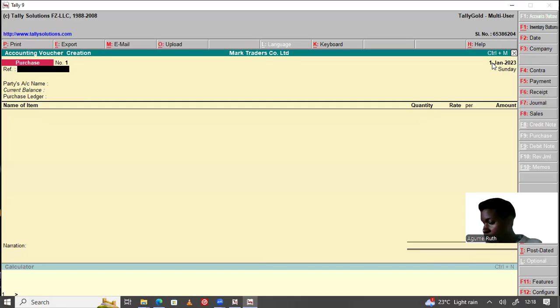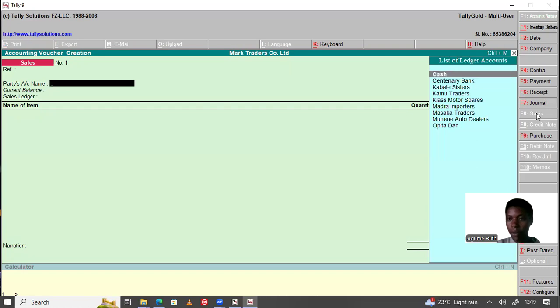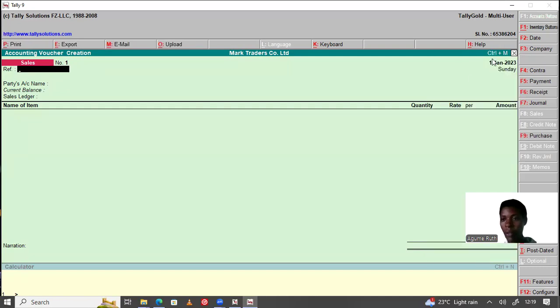Then the next transaction says sold 10 generators, 10 liters of engine oil, and serviced 5 generators. So I come here to sales, and then for that I first edit my date. The date is 10th January 2023.